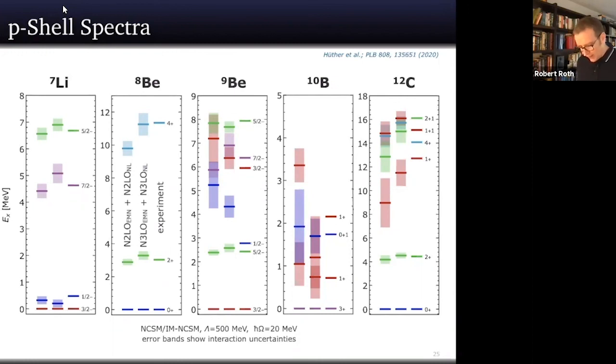This is just the interaction uncertainties, but still these things are connected. Slow convergence means that the state has a very complicated intrinsic structure. You need lots of basis states to represent this structure appropriately. And that often goes hand in hand with a strong sensitivity to aspects of the interaction, because there is a particular orbital structure, orbital angular momentum, spin structure, which is sensitive to tensor forces, which at the same time is difficult to converge.